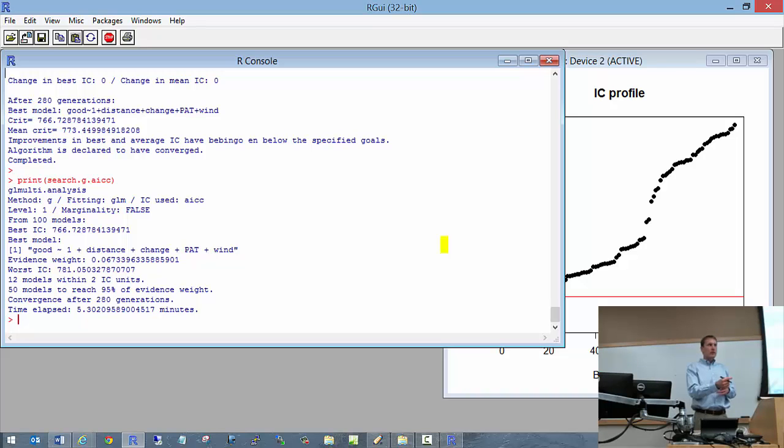So when you go to Sun's website to download Java, it will see, oh, you have a 32-bit browser, I'm going to install 32-bit Java. Well, then that's going to cause problems when you're running glmulti, because you have 32-bit Java, and you're probably going to be using 64-bit R.